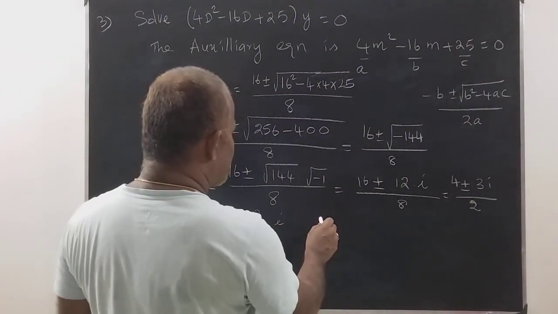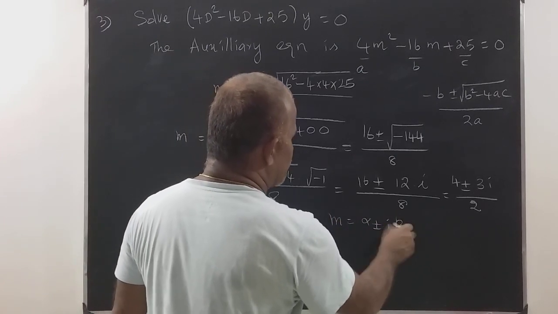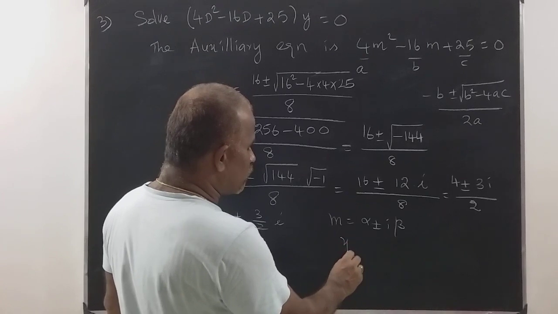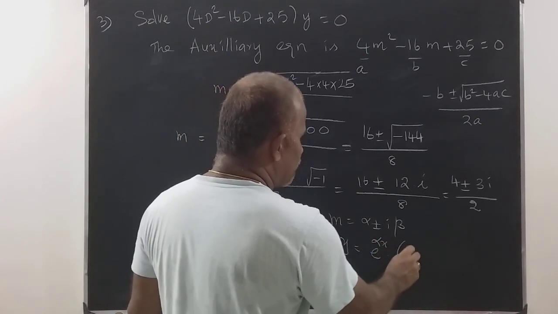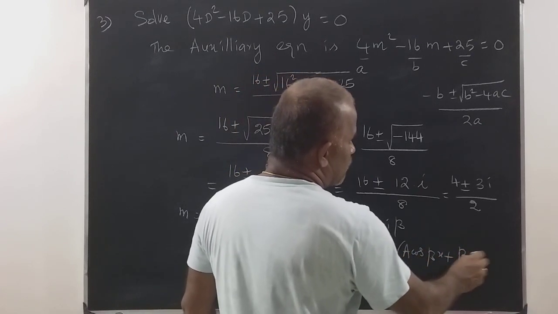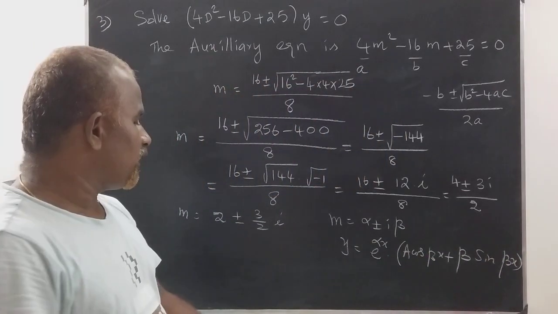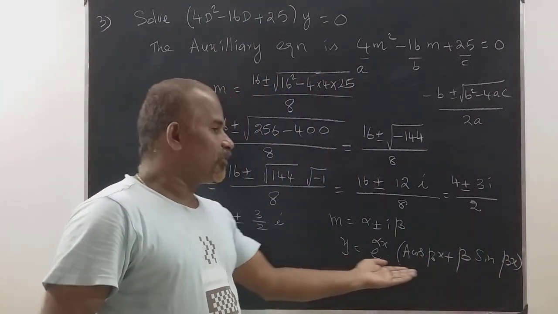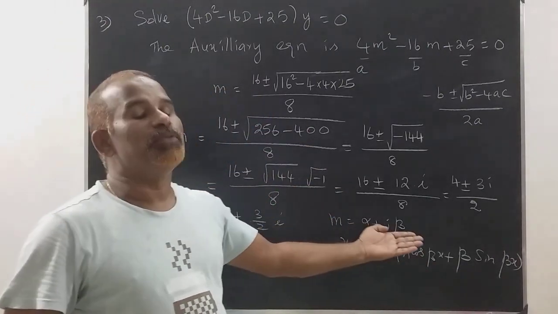So therefore I can write m is equal to alpha plus or minus i beta. So therefore the complementary function is equal to e power alpha x into a cos beta x plus b sin beta x. So this is the solution for the differential equation when the roots are imaginary.